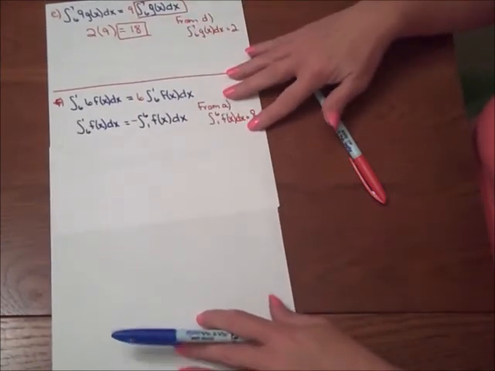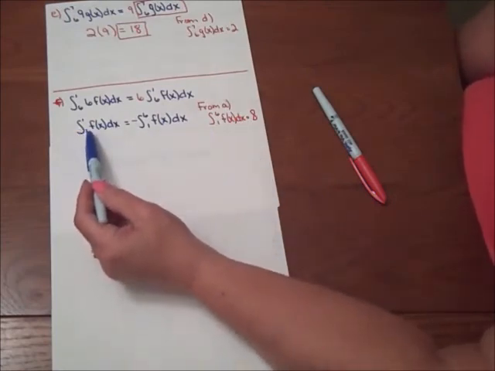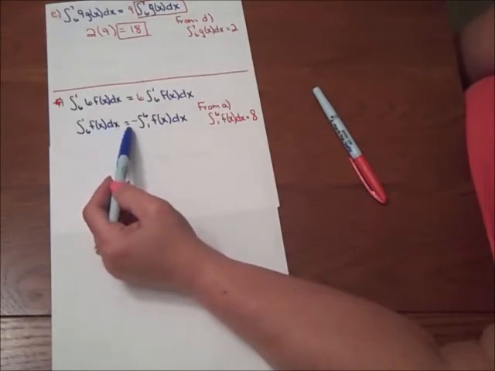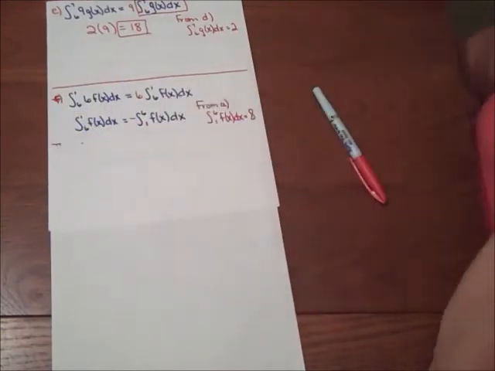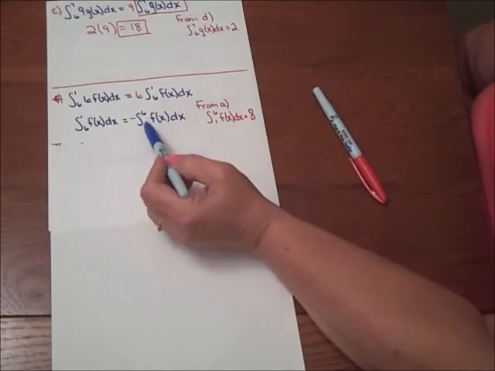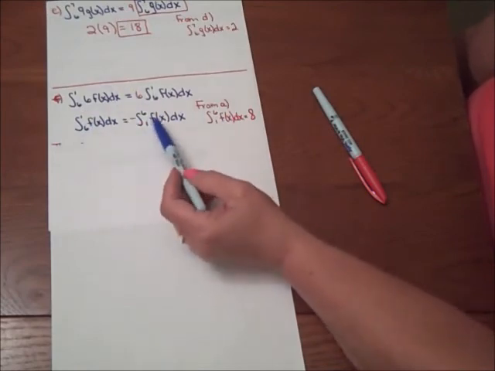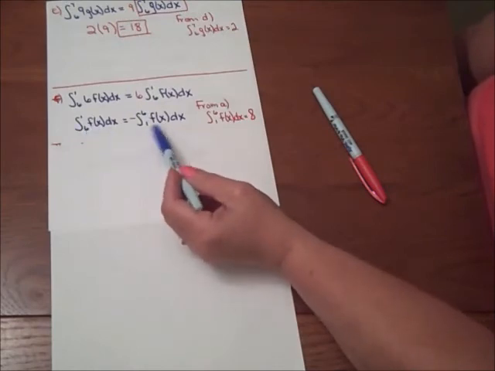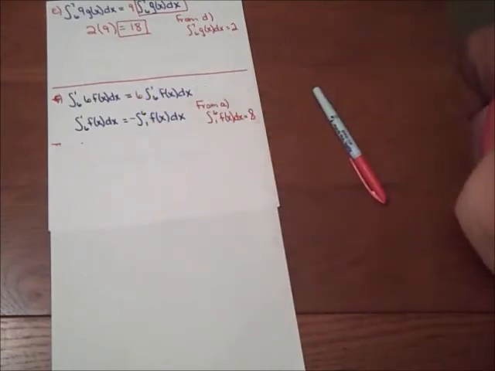Well, if we know our properties and our rules, we know that the integral from 6 to 1 of f of x with respect to x is equal to the negative of the integral's opposite. And we do know the integral's opposite. The opposite would be 1 to 6 instead of 6 to 1. So the negative of the integral from 6 to 1 is the negative of 1 to 6. Hope I didn't confuse you.